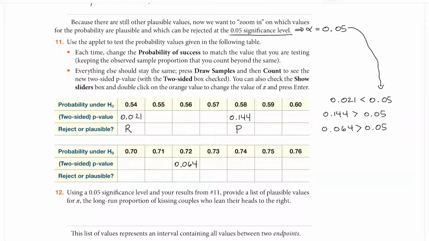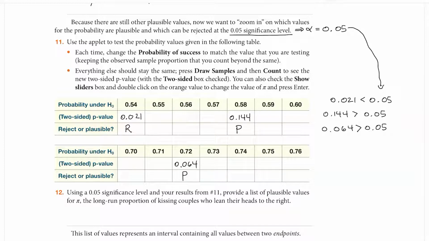Again, I was testing 0.72, and off to the side, I'm comparing 0.064 to 0.05, and 0.064 is bigger than 0.05, so that means 0.72 is a plausible value for pi. So I'm failing to reject the null hypothesis when my p-value is bigger than the significance level.